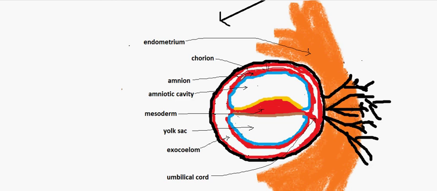You can see these red areas represent all the mesoderm cells, and the outside black area represents the outer syncytial trophoblast cells. This blue area represents those cells, and this yellow represents the ectoderm, and these brown cells the endoderm. So I have replaced the cells, and this is how the diagram is in most books.